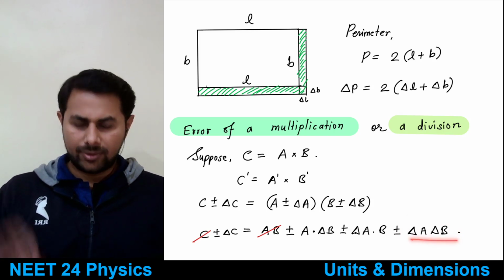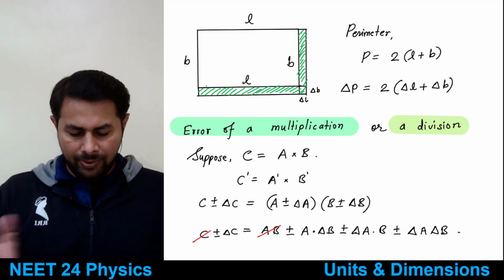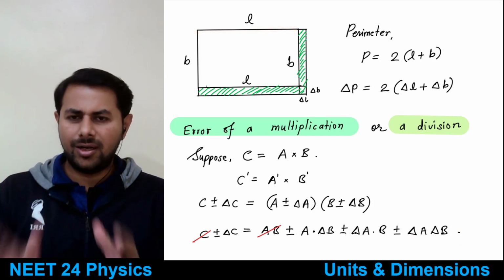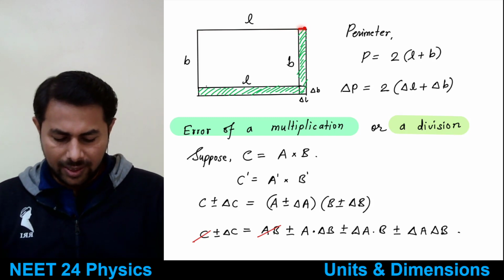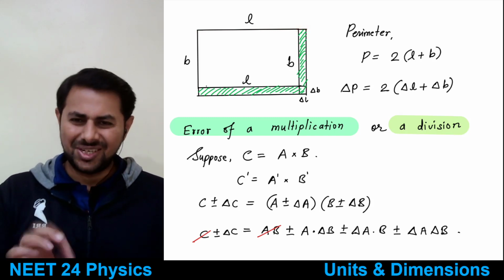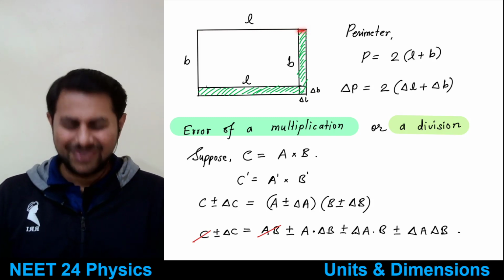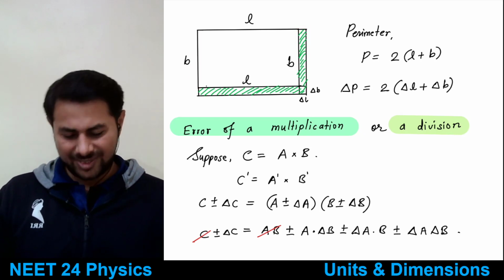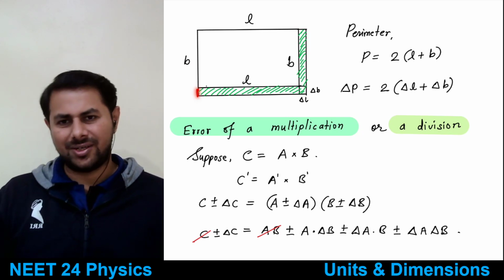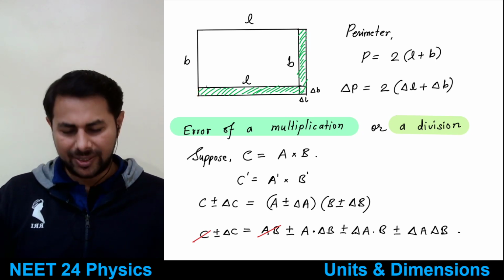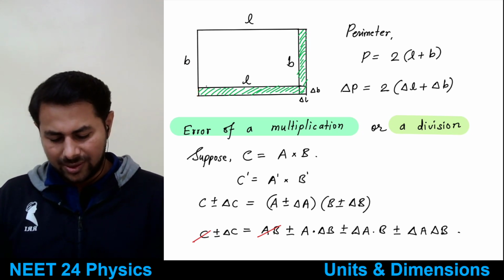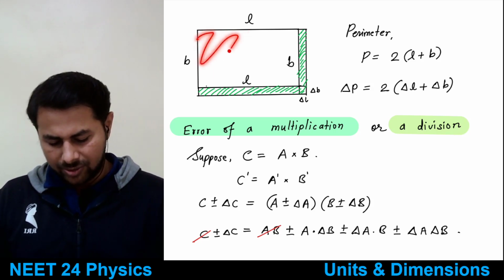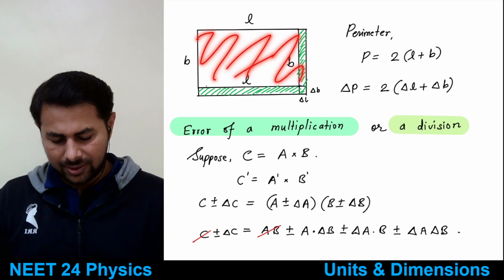Okay, so if I want to tell you an example, suppose this is the real length of the rectangle, and this much is the error. This is still a very big error. Okay, suppose this is some error. This is the breadth, right, and this much is the error in breadth. So the actual area would be this much, right? This much would be the actual area.